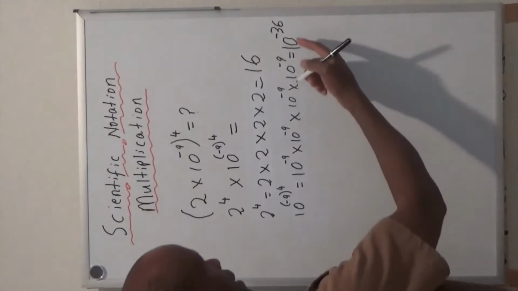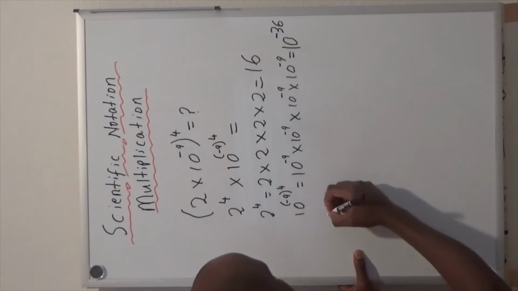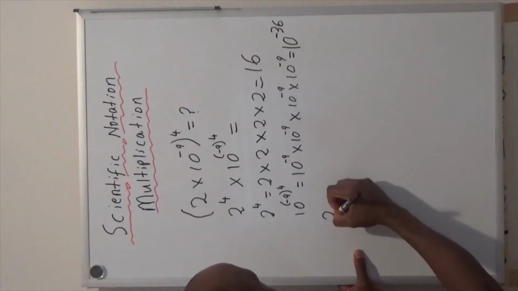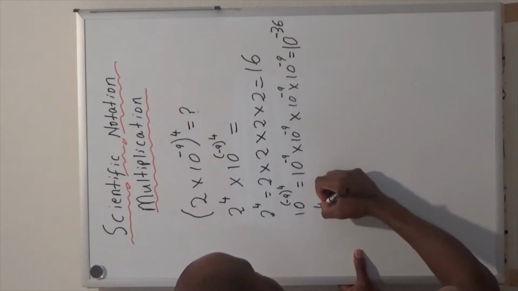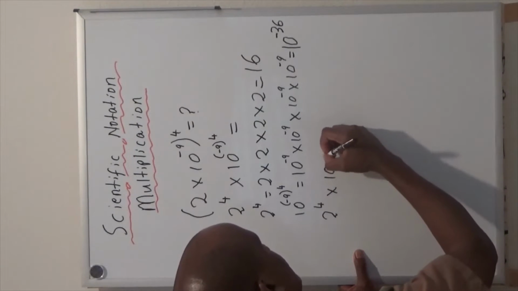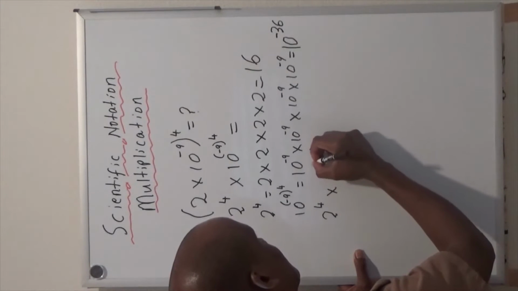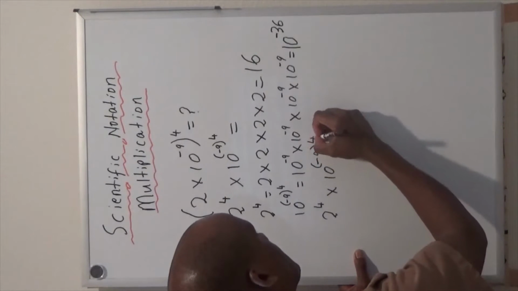So I will write my number again, let me write it here: 2 to the power of 4 times 10 to the power of minus 9, to the power of 4.